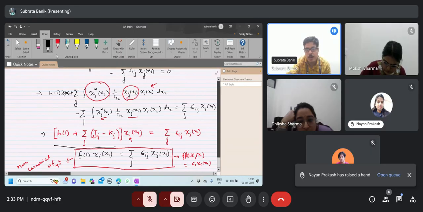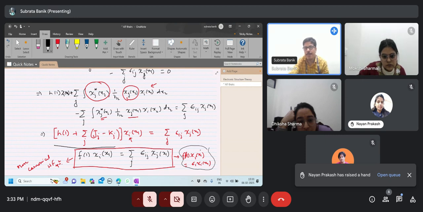Canonical means well known, familiar. What we need to do now is convert the non-canonical Hartree-Fock into canonical Hartree-Fock so that we can solve it.